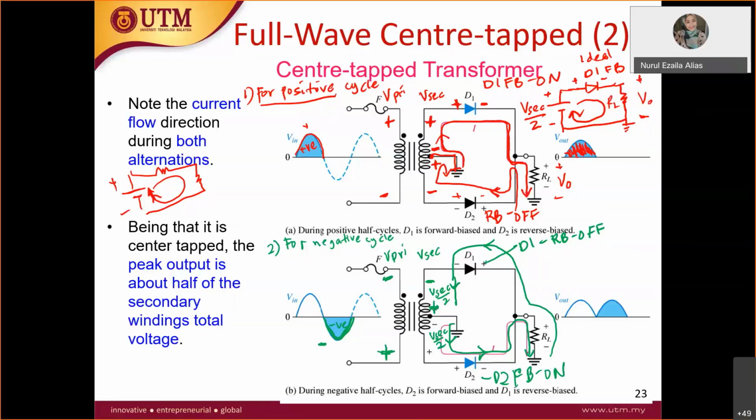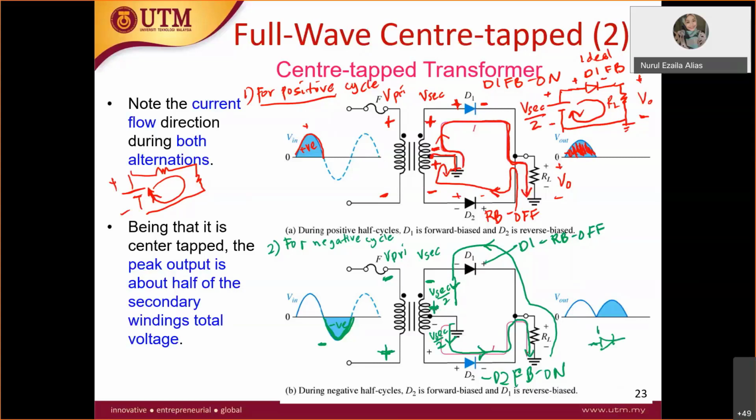I will draw it like this. So you have your D2 here. This is your D2.